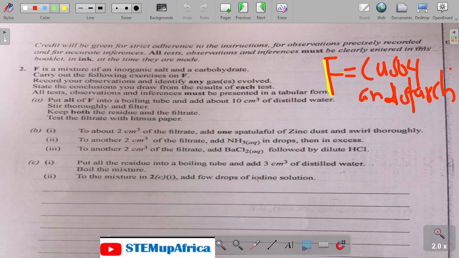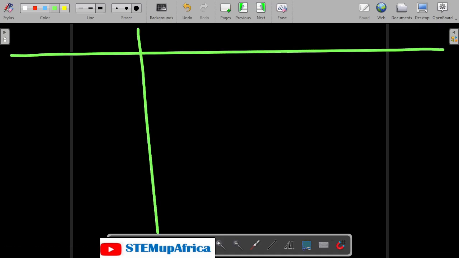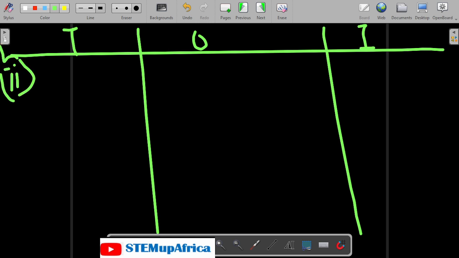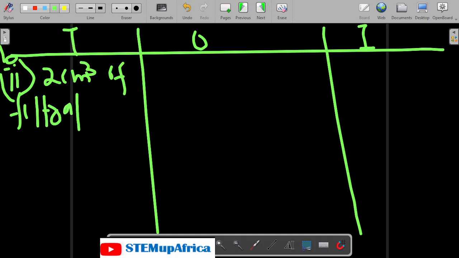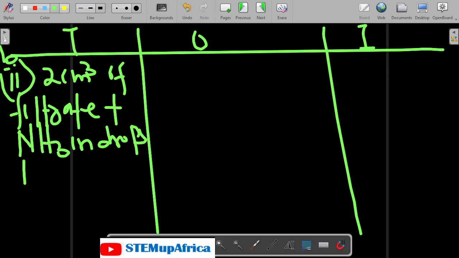So let's go to Roman figure 3: 2 cm cube of filtrate plus ammonia in drops and then in excess. So I will have the same procedure: test, observation, inference. Roman figure 2 now, B. We have 2 cm cube of filtrate plus NH3 in drops, then in excess. What are we having?